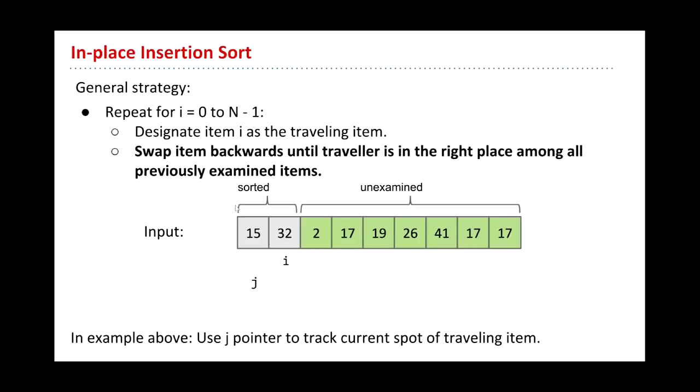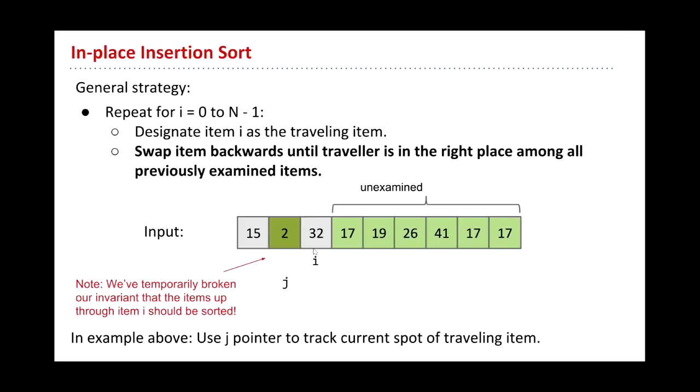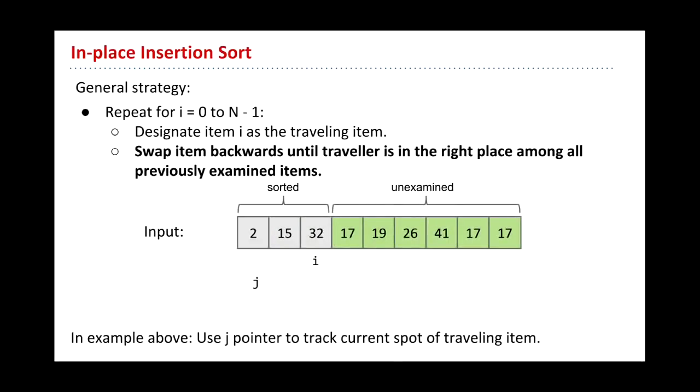After I've done that, these two items are sorted, right? Because we sent 15 to be in its appropriate place, but we haven't even looked at these. How about 2? So 2's next up. Should it go to the left? Yes. Okay? Now at this point, I've temporarily broken my invariant that the left items are sorted, so 2 is going to keep going. Where does it go next? It goes left more. Those are now sorted.